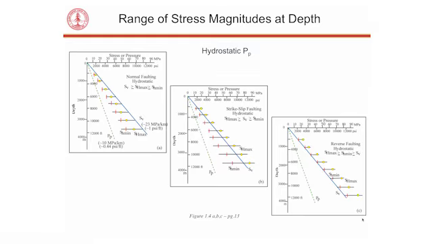So if you think about the vertical stress being the maximum stress, as it is in the diagram on the left, and the two horizontal stresses being lower, and we have the pore pressure shown by the dotted line, you can make some very crude estimates of what stress magnitudes are. Okay, the vertical stress goes up in sedimentary basins at about 23 megapascals per kilometer.